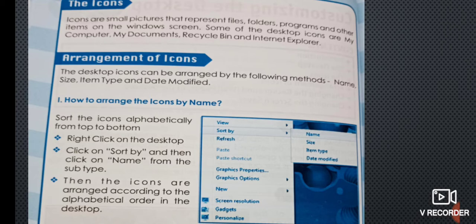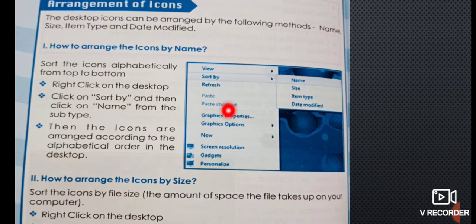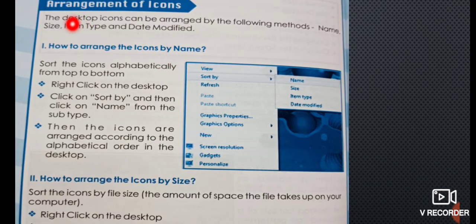How to arrange icons by name? The next thing is that you have to arrange all the icons in some method. You can arrange the icons in the following ways. First is name: according to the name of your file or folder.